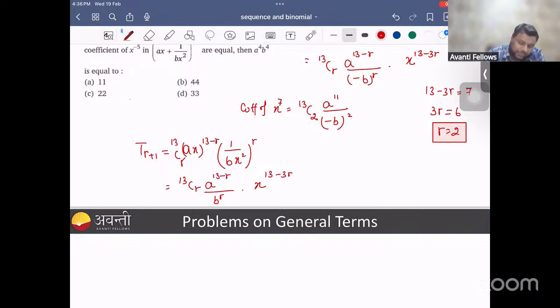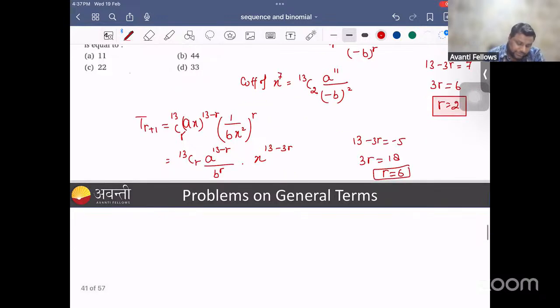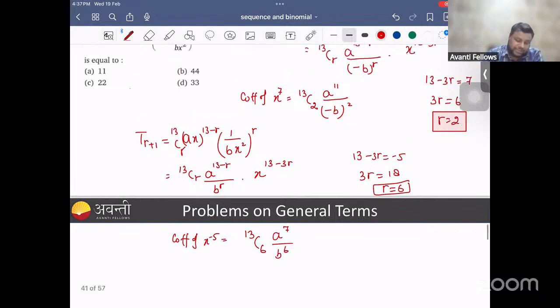Now what do you want? This 13 minus 3r should be minus 5. So 3r is 18. So now r equals 6. Understood? So now the coefficient of x to the power minus 5 will be 13C6 a^(13-6), that is a^7, upon b^6. Got it?